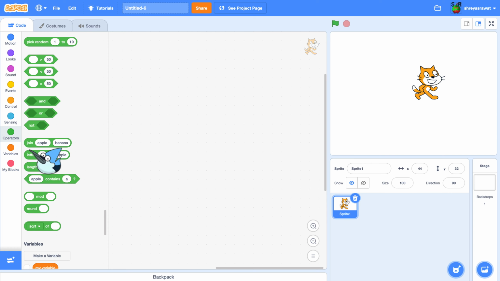So first we have the join blank and blank block. As you can see, there is no "and" shown, but there's an imaginary "and" in there. This basically just puts things together. It doesn't add in a mathematical way.